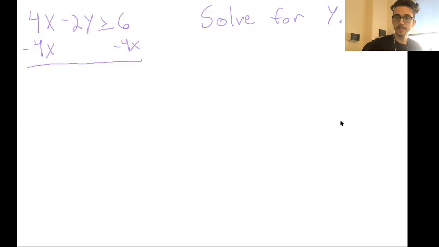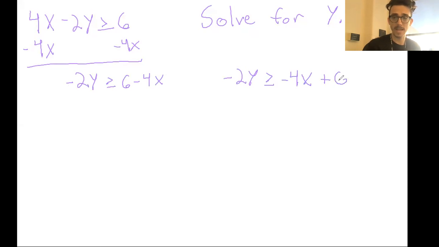At this point in time, you should have tried this problem solving for y. Let's chat about it. You should have deducted 4x from both sides. This leaves you with -2y is greater than or equal to 6 minus 4x. Or if you want to rewrite all of this, you could say -2y greater than or equal to -4x plus 6.